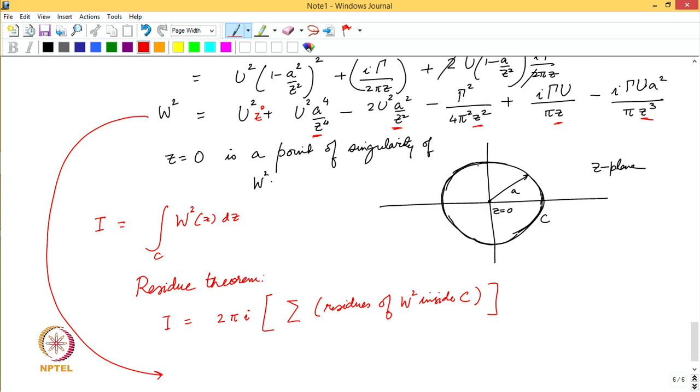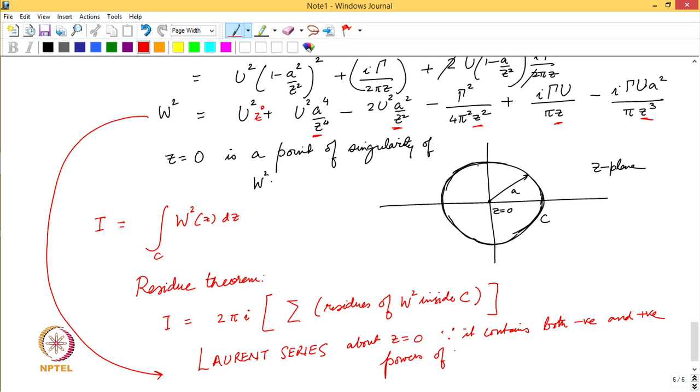So, I can say that this function w square is in the form of a Laurent series about the point z equal to 0, because it contains powers of z which are both positive and negative.